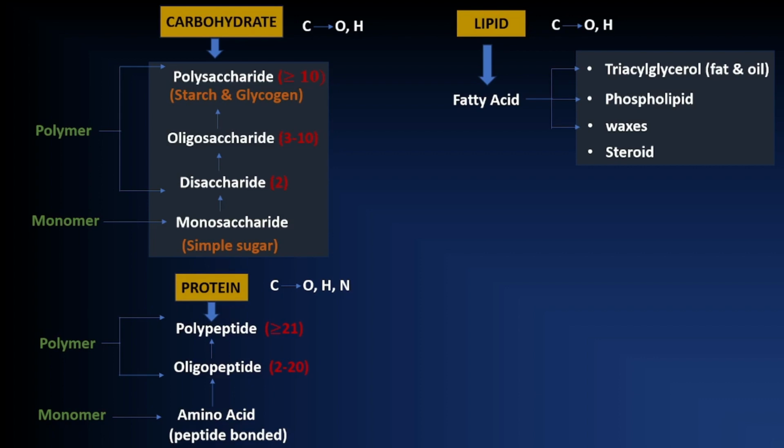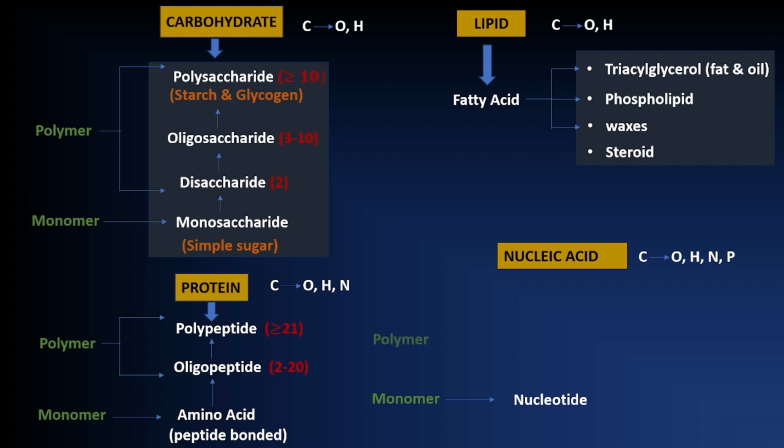The fourth important macromolecule is nucleic acid. It's comprised of hydrogen, carbon, oxygen, nitrogen, and phosphorus. The monomer of nucleic acid is nucleotide, and when multiple nucleotides are combined together, they form polymer. In case of polymer, first comes oligonucleotide, which is larger than nucleotide, then comes polynucleotide, which is larger than oligonucleotide.